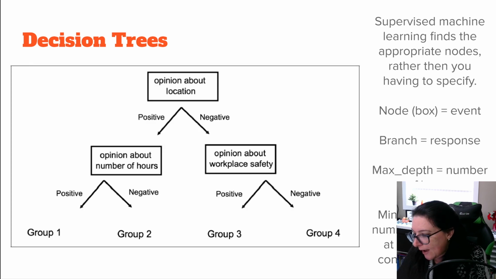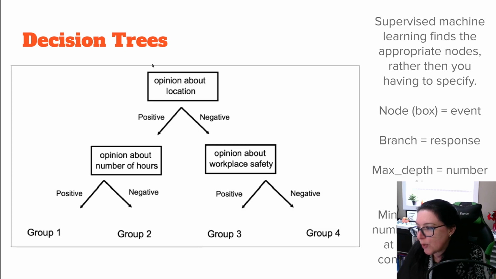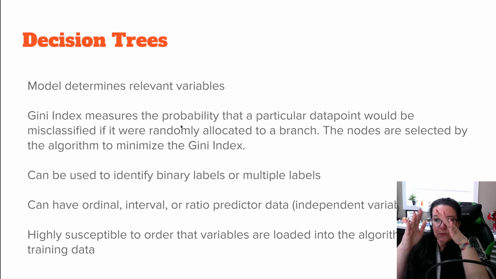So when it's looking at which branch it should fall into and how it should be organized, which variables are relevant, it's going to look at would that data point be misclassified if it had separated and made these nodes different, if the branches and the cutoffs on these branches had been different. Okay, so it's looking for the tree that minimizes that Gini index.